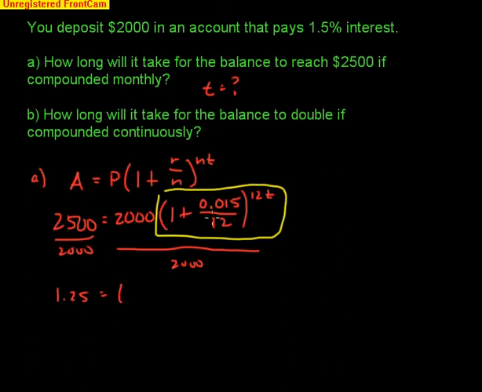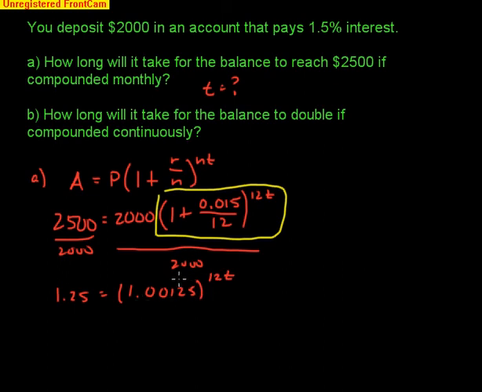And then figure out what this number is: 1 plus 0.015 divided by 12. It comes out nice, 1.00125. And that's nice when it does. If it doesn't, round to like 6 or 7 decimals. Just don't round close at the beginning, okay? But you can round.